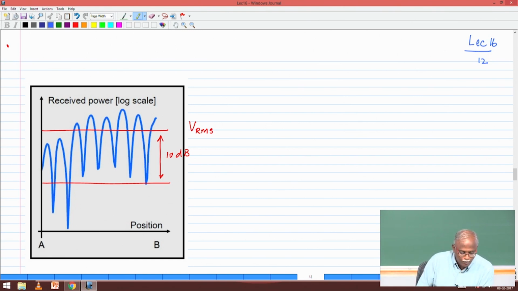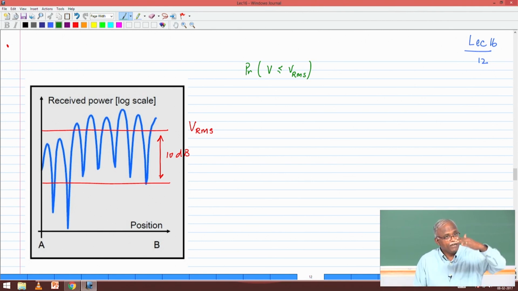What is the probability that I will have outage? So the question now becomes, what is the probability that the received signal V is less than or equal to VRMS? Correct? Because that's where I have received. If it goes anything below, because basically that is the threshold of my receiver sensitivity.